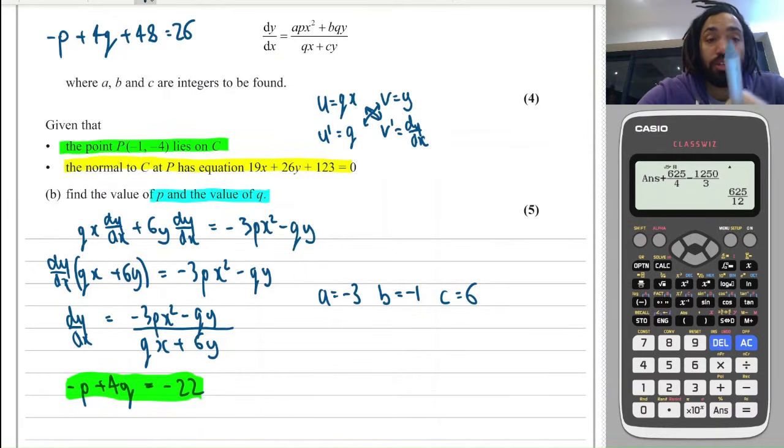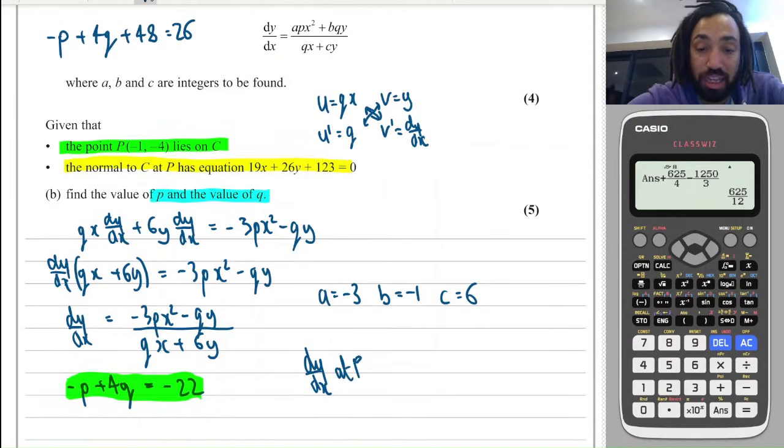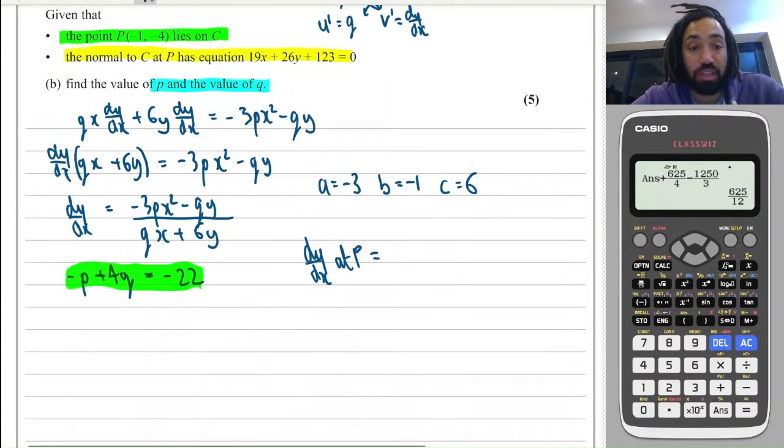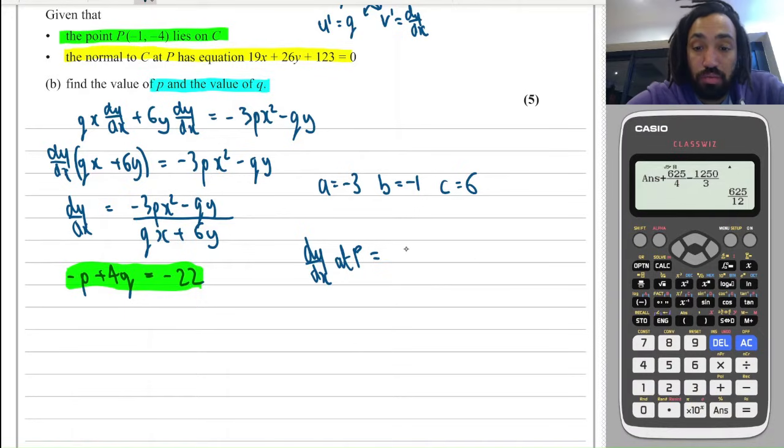Okay, now I need to use the yellow bit of information. And we are told that the normal to C has that equation. So let's first find what the gradient is at P. Well, dy by dx at P is equal to, let's sub P into the gradient function. So I've got minus 3 times P times x squared, which is just 1.